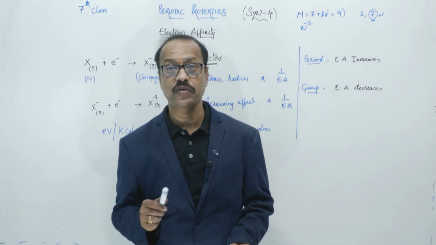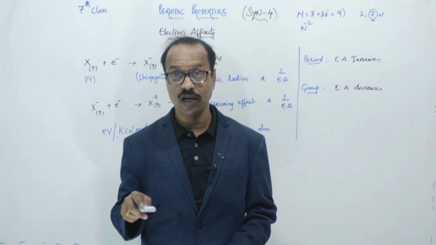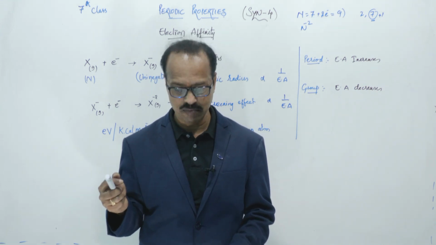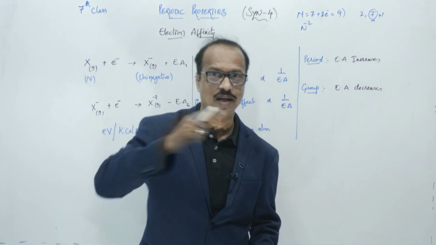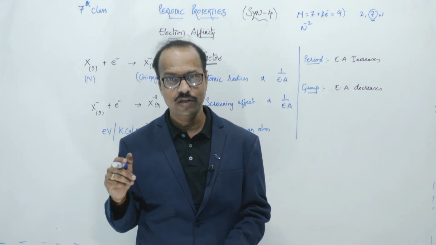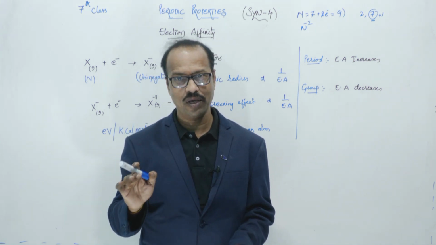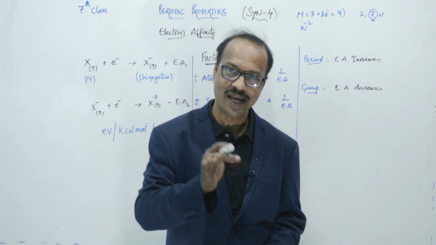Why I of potassium? I means ionization energy. Ionization energy of potassium atom is the energy required to remove the electron. So we apply some energy to remove the electron so that it becomes K plus. Again to become K, we have to give the electron to it.